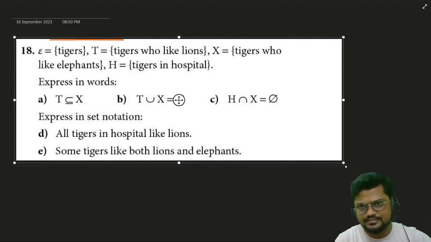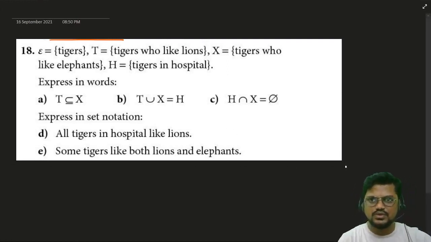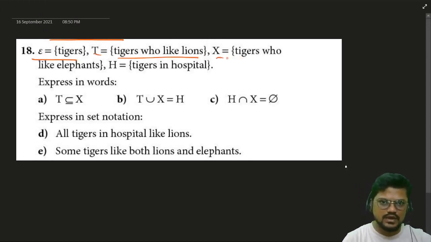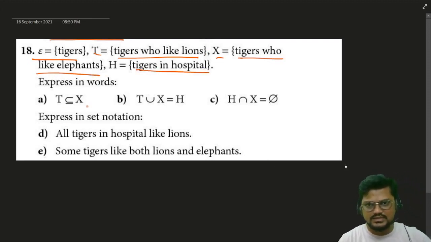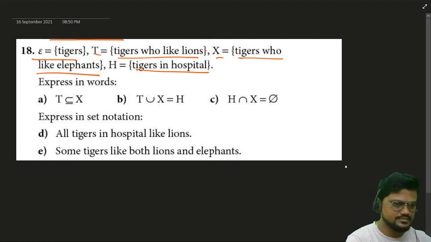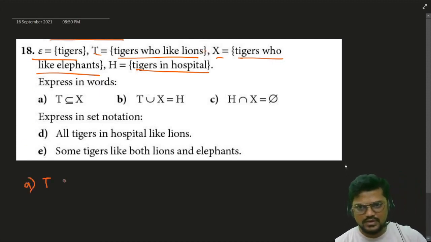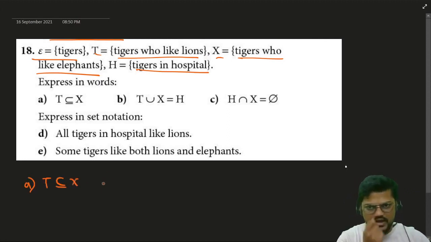Now over here, this universal set represents the tigers. T is tigers who like lions, X is tigers who like elephants, and H is tigers in hospital. T is a subset of X. All tigers who like lions are tigers who like elephants. Got it? For the first one, T is a subset of X, what will we write?